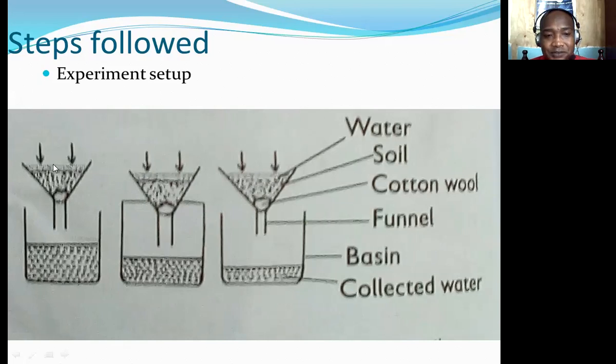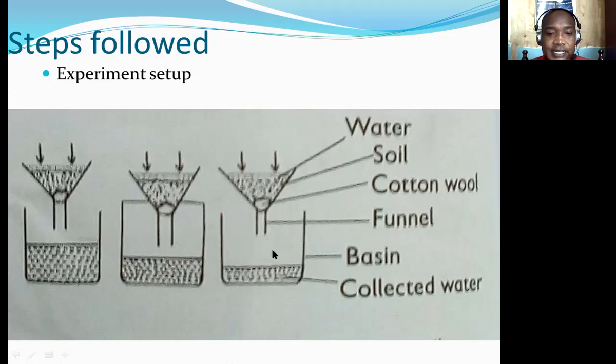What are the steps of this experiment? One, you put an equal amount of cotton wool in the funnel. Two, you place an equal amount of different soils in different funnels. Three, we have what we call the collecting jar.